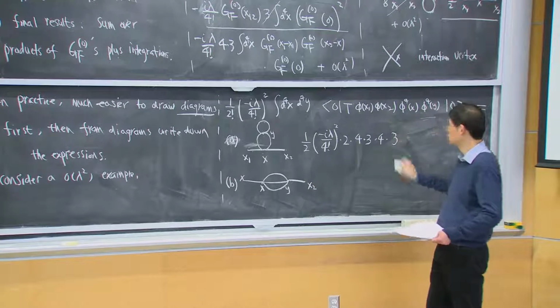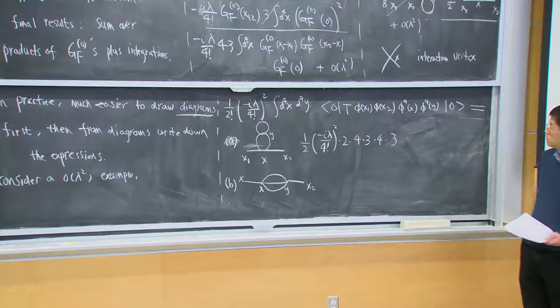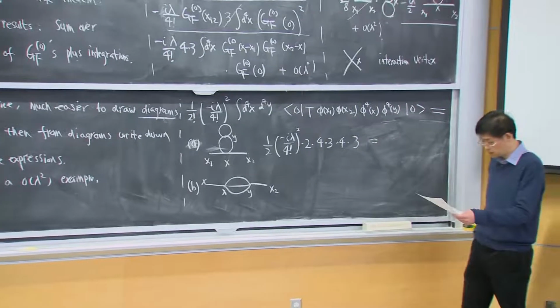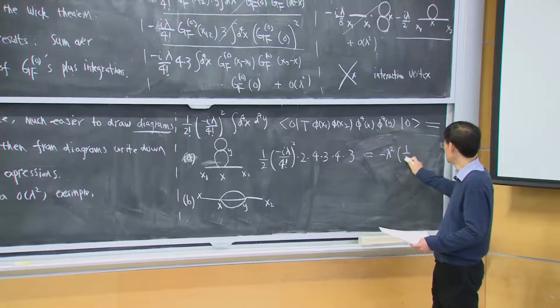Essentially those are your prefactors, combinatorial factors, and if you work it out, that gives you minus lambda squared over 2 times 1/8 squared.